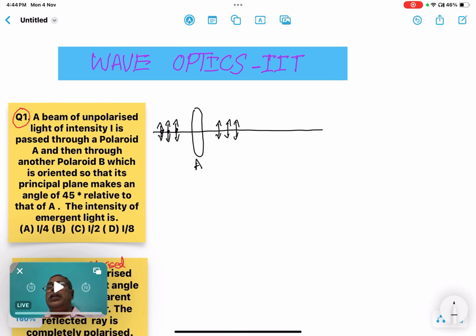So what is this Polaroid sheet doing? It's eliminating one of the components and allowing only the rest. So almost 50% of the intensity of light is reduced. Say I is the initial intensity of unpolarized light, that is ordinary light. After passing through this Polaroid sheet, 50% of the intensity is cut off, so the intensity coming out is I by 2.